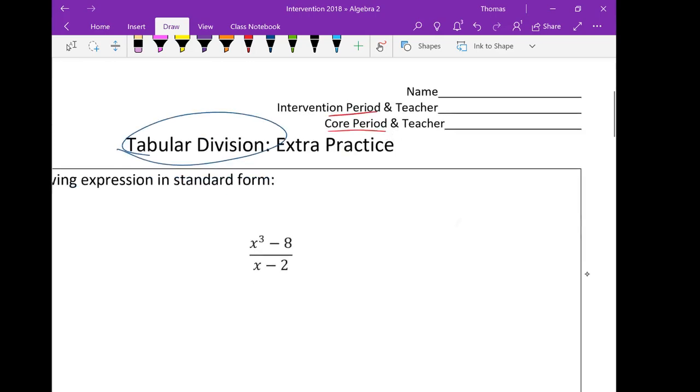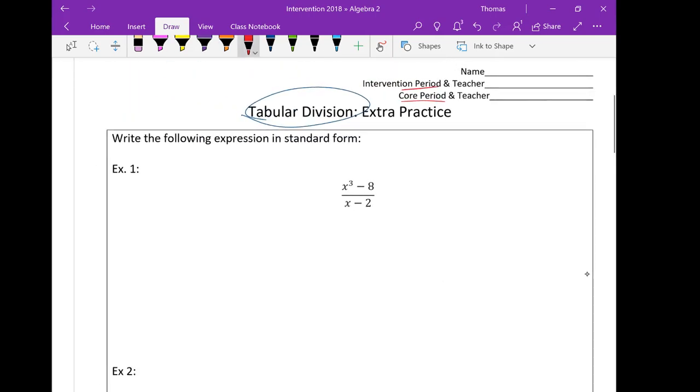Okay. So first, it says write the following expression in standard form. And we notice here there is a division happening between two polynomials. Now, we've seen how to multiply polynomials before, but we're trying to divide here. And I want to first make it clear what the connection is between division and multiplication.